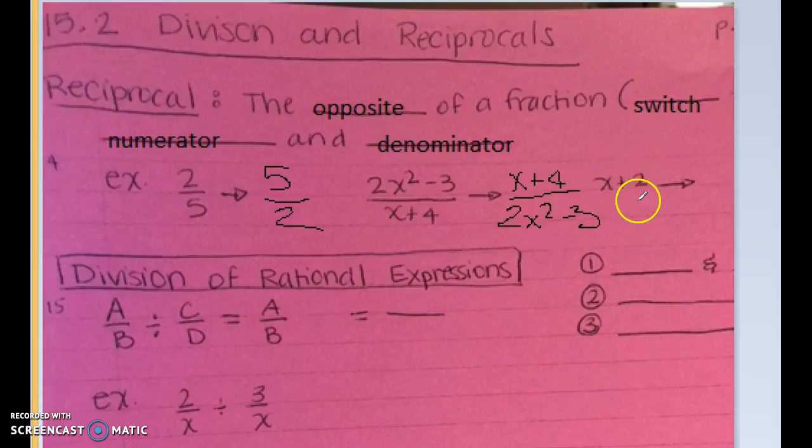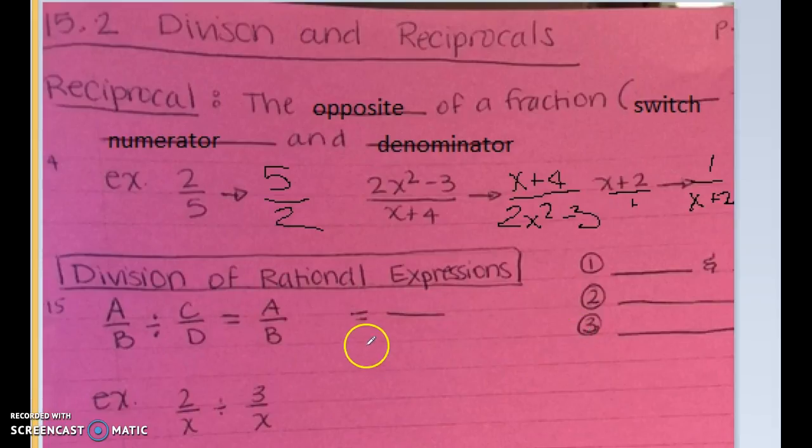Now if you have a whole number, like x plus 2 here, it would just be 1 over x plus 2, because in a whole number the denominator is 1 even though it's invisible.